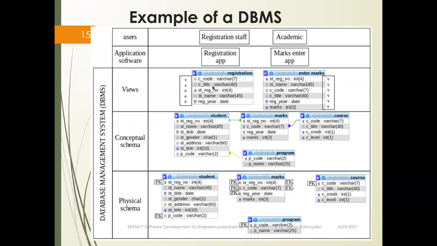Here data are a combination of tables. Here course code is this one. Course title here. Student registration number here. Student name is here.